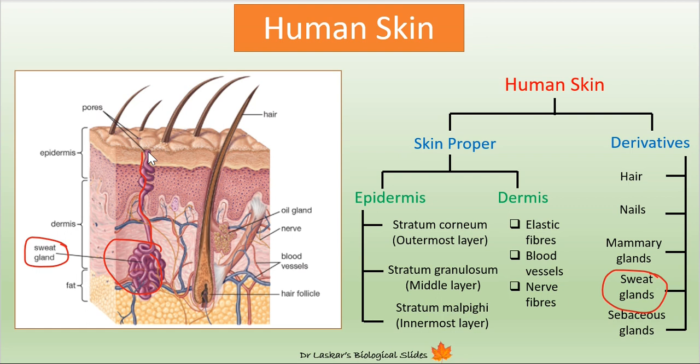The excretory part runs upward to open on the surface. On the surface we can see the pores, which we call sweat pores. The secretion is made in the bottom part of the sweat gland and comes out through this tube to the outer surface through the sweat pores.